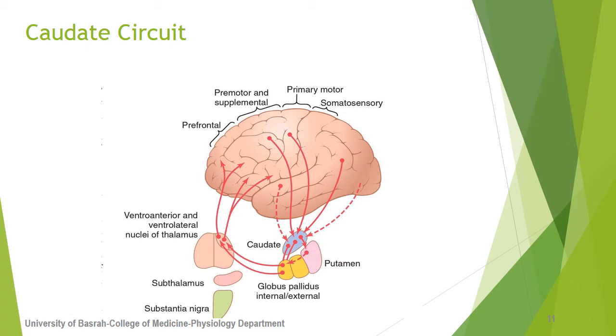The prefrontal is a part of the frontal lobe, and it has a specific role in thinking and cognition, in how we think, and in behavior. So this gives an idea that the caudate circuits and caudate nucleus have a role not only in the motor controlling system, but also in cognition, thinking, and behavior.